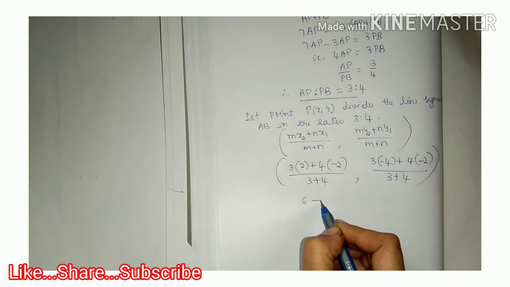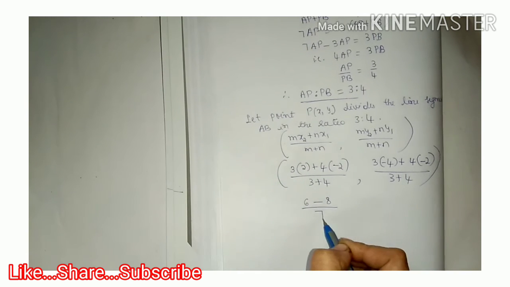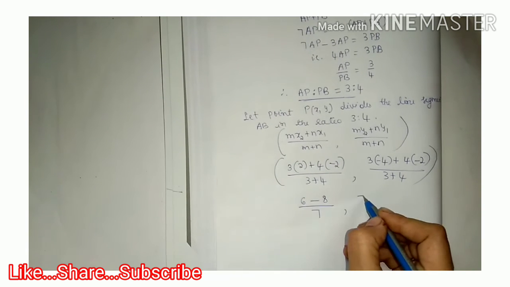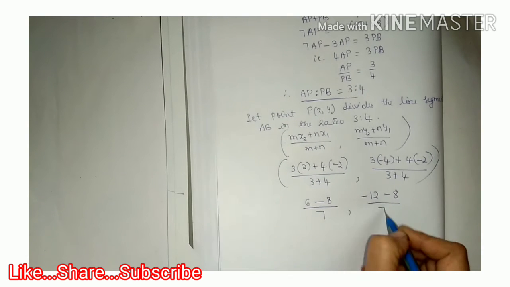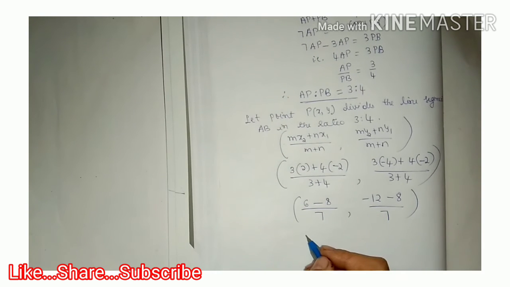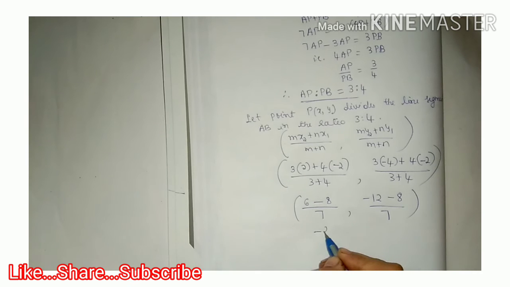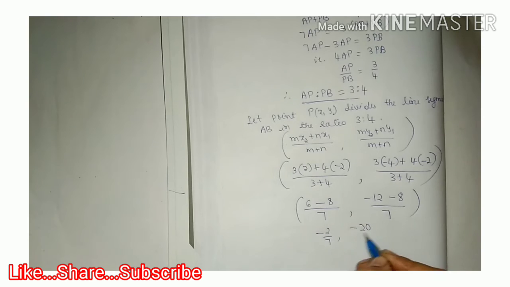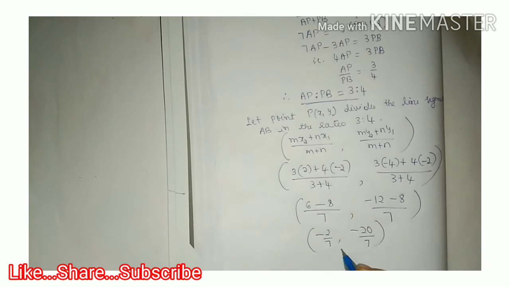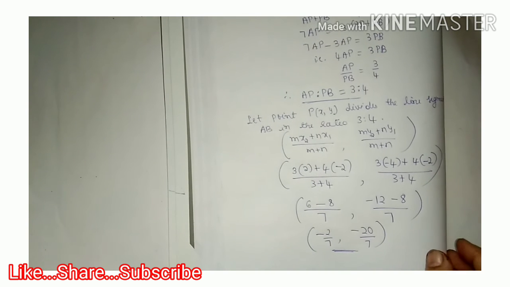Three twos are 6, 4 twos are 8, 3 plus 4 is 7, so (6 - 8)/7 = -2/7, and (-12 - 8)/7 = -20/7. Therefore coordinates of P are (-2/7, -20/7).